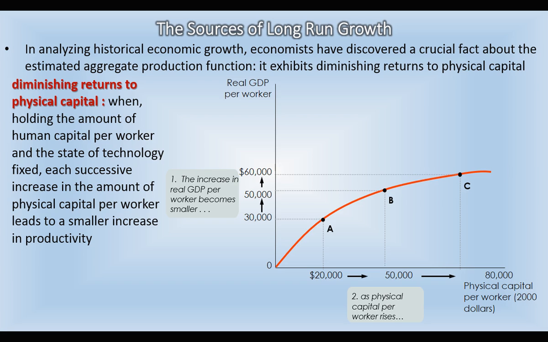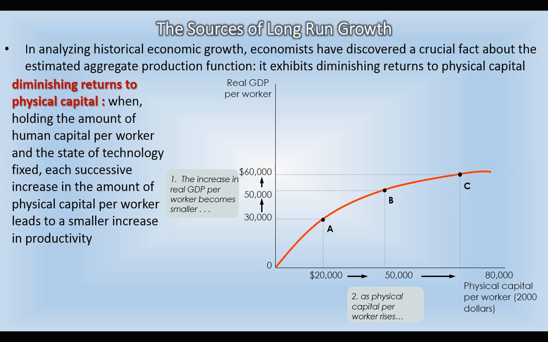But we can see that that effect starts to level off as you increase the amount of physical capital, meaning that the first $20,000 of physical capital, going from having no physical capital, will increase labor productivity quite a bit. In fact, by 30,000 here. But if you increase the amount of physical capital per worker, let's say by another $30,000, that's only going to increase the amount of productivity per worker by another $20,000.